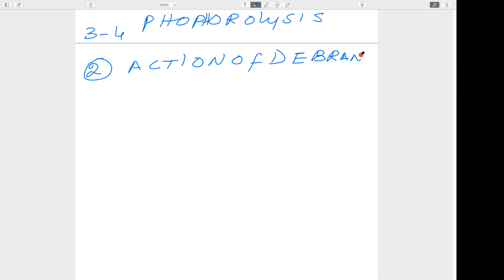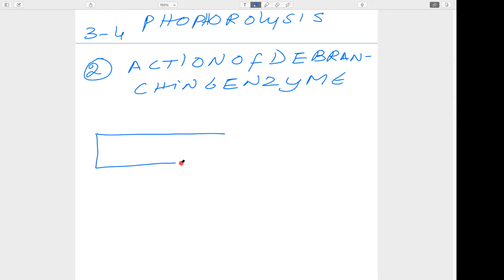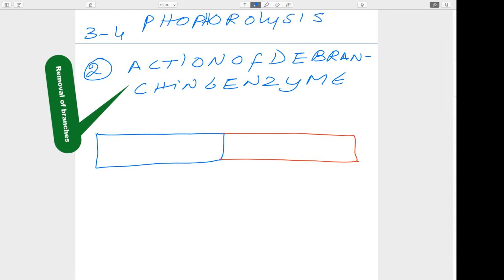Debranching enzyme is a single polypeptide but having 2 different types of catalytic activities at different sites. So it can be called a bifunctional enzyme.